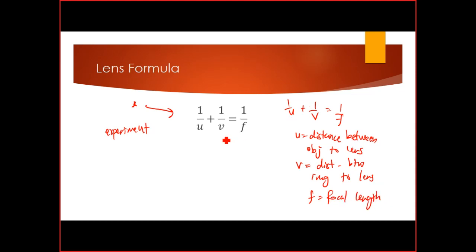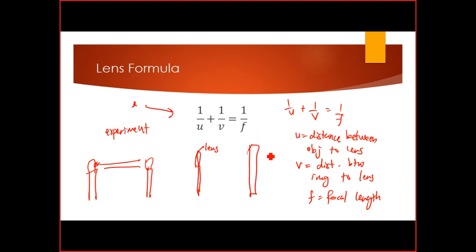So what I want you to do is look back at this experiment. You will usually have a light source, and then some sort of object over here, and then a lens. This can be a concave lens or a convex lens. And this is a screen.